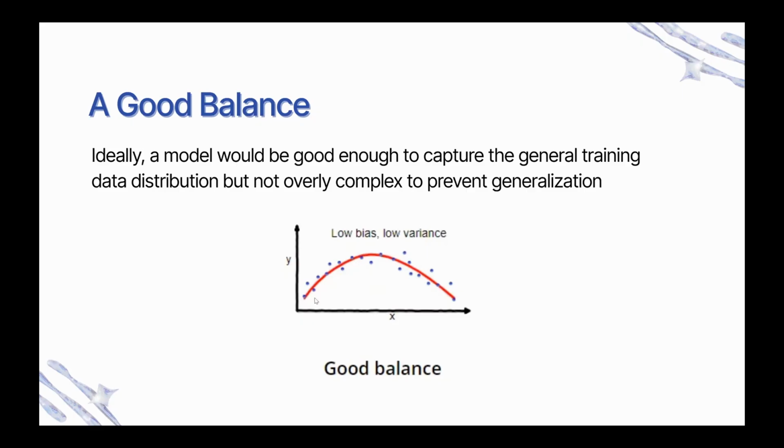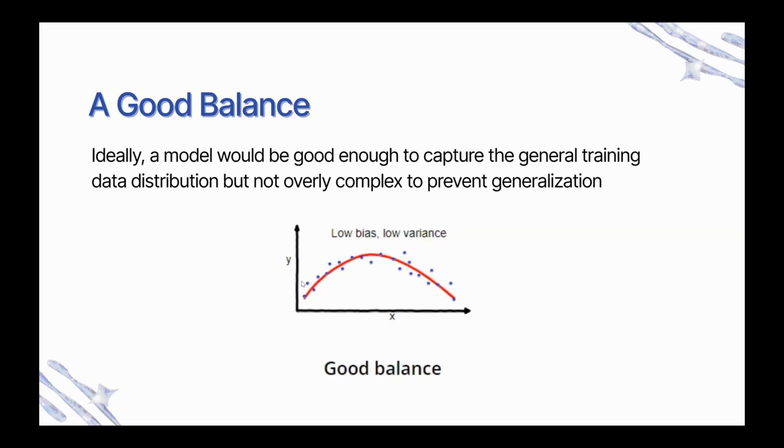For these points, you could probably have eyeballed it and seen that it's some sort of quadratic function, some parabola. You can see that this curve has low bias because it fits the points well. It's not just a straight line. And it has low variance. It's not too complex. It captures the pattern of the points without doing too much.